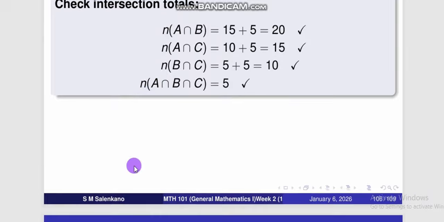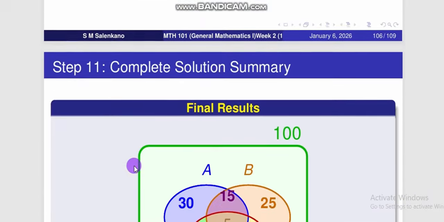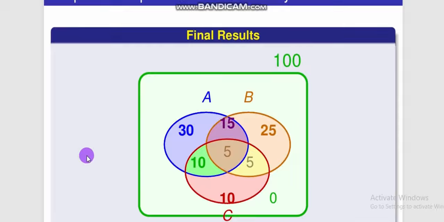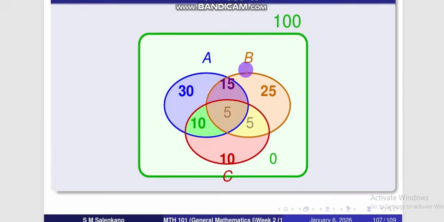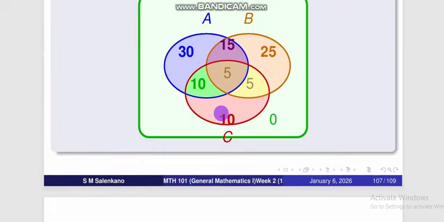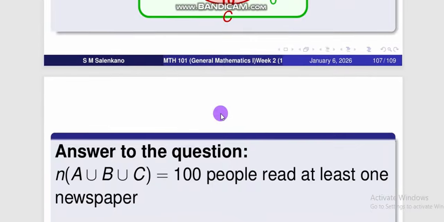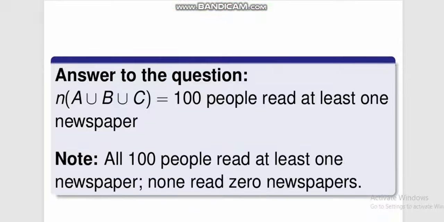So you were right. And finally, here is our complete solution with all the regions given their appropriate numbers, right? We did justice to all of them. Answer to the question. Remember, the question says we should get those who read at least one, right?